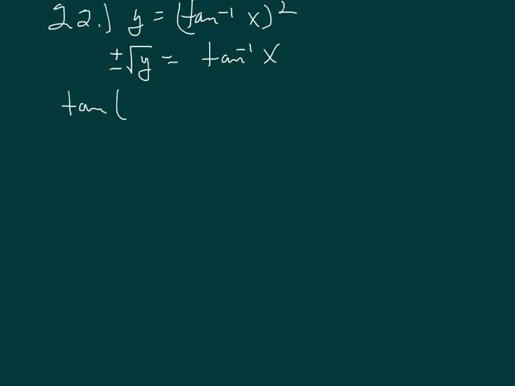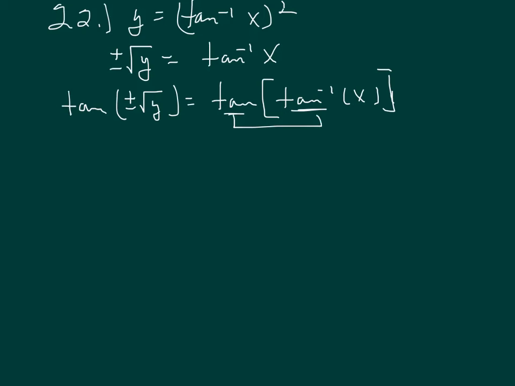I have the tangent of plus or minus the square root of y is equal to the tangent of the arctangent of x. Tangent and arctangent are inverse functions, so when one operates on the other, it simply returns x. Therefore, tangent of plus or minus the square root of y is going to be equal to x.